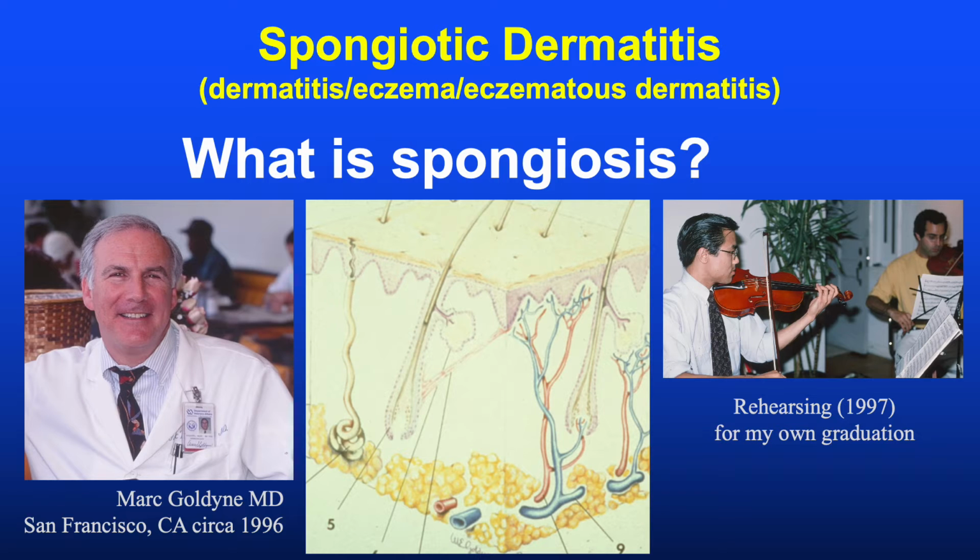Dr. Goldine was also a talented musician and organized and participated in a string quartet that had its one and only performance during my residency graduation. And it turns out that's actually the last time that I've played the violin in a semi-public setting, and perhaps that correlates with the fact that I have not had the pleasure of seeing Dr. Goldine since that year.